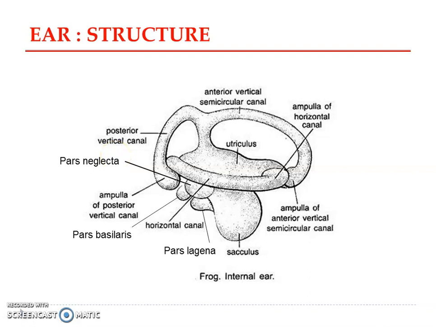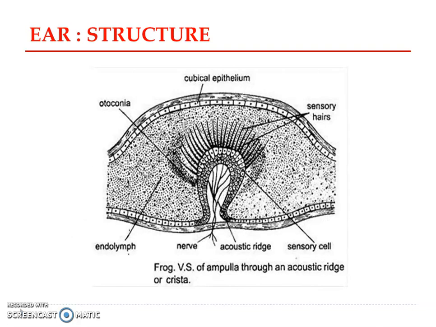Each receptor spot consists of a group of sensory hair cells. These are the sensory hair cells, and they bear sensory hairs on their free end. The sensory hair cells are supported by supporting cells on the side.